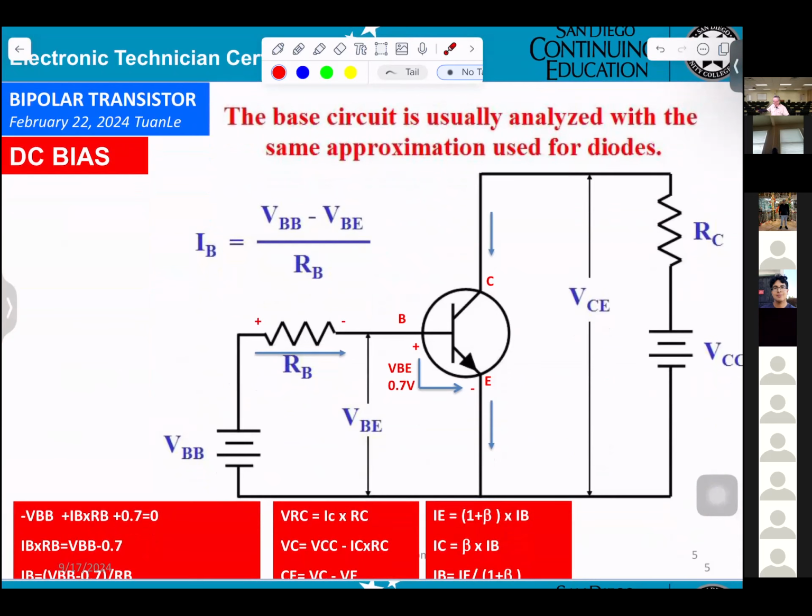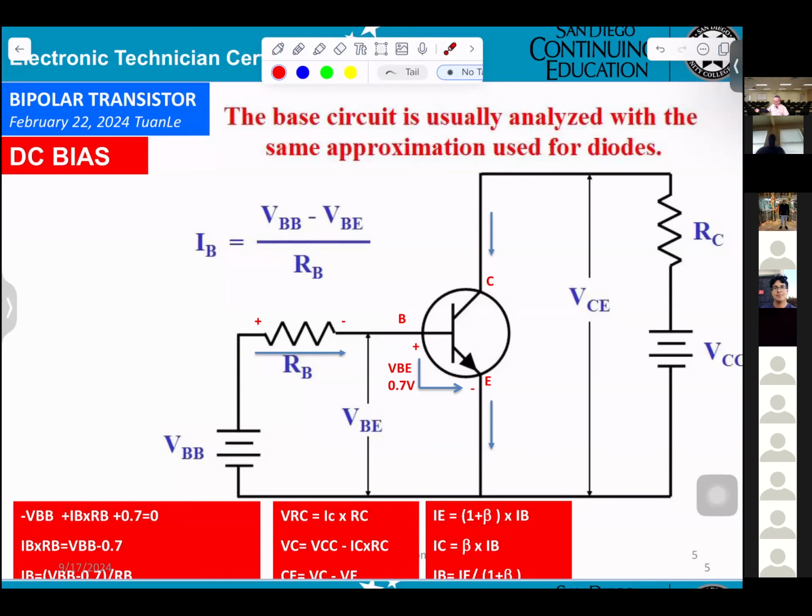See this circuit. Okay, you know this is the base. This is the collector, emitter. Okay, NPN transistor. IB going in. IC coming in. IE leaving. Okay.